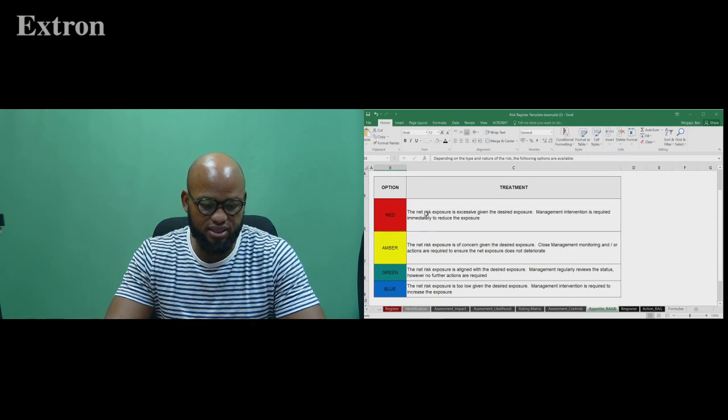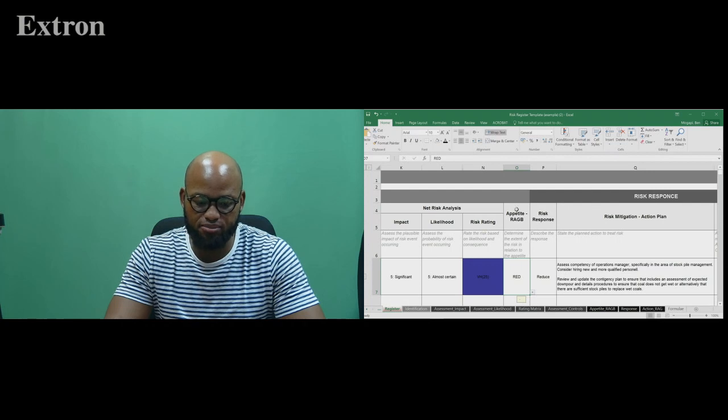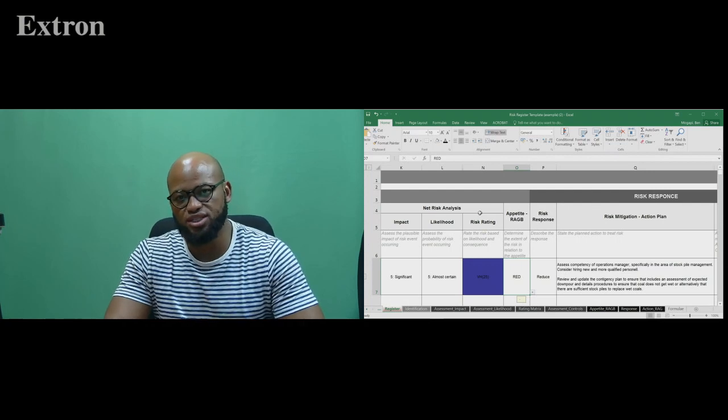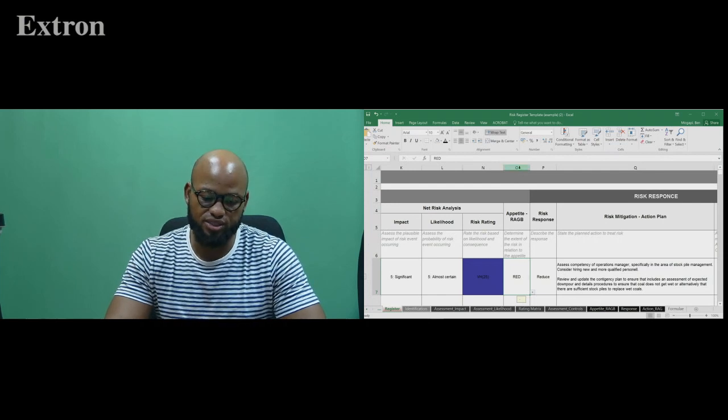If we decide that the net risk exposure is excessive given the desired exposure, management intervention is required immediately to reduce the exposure. So we use the risk appetite tab to decide what needs the urgent attention of management. Again, it's just another way for us to prioritize risks.